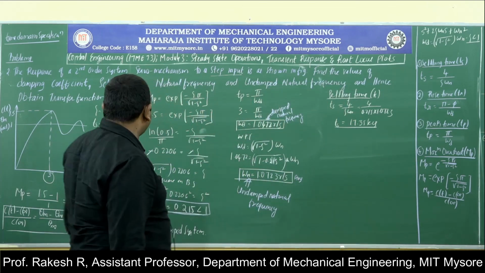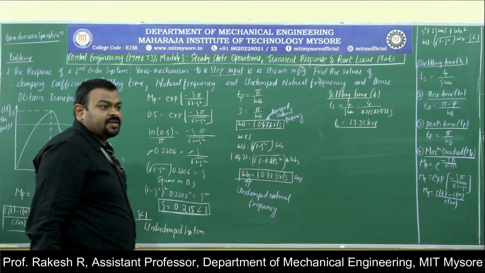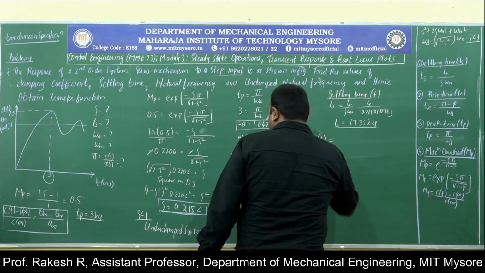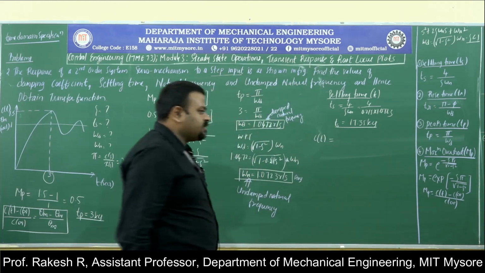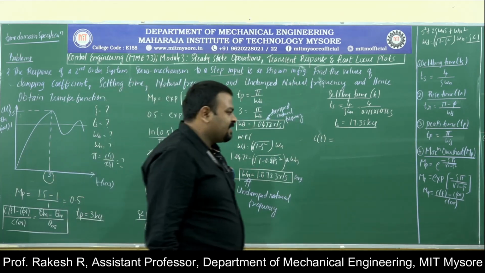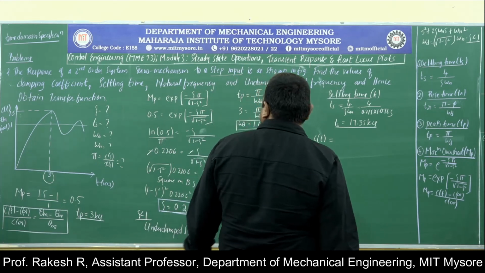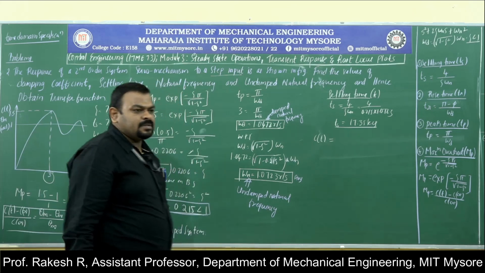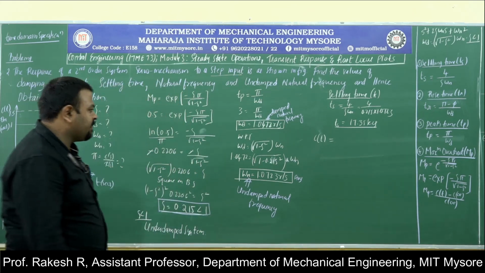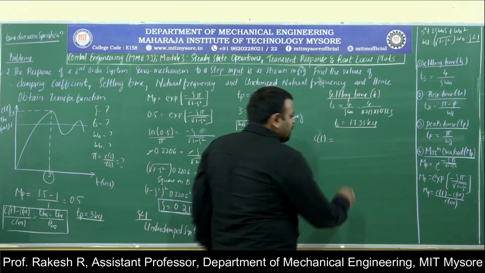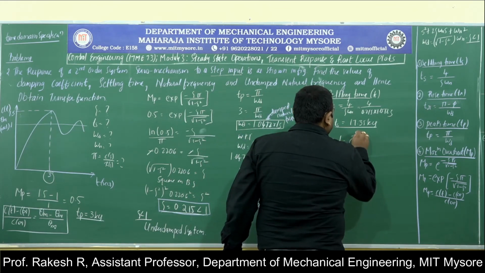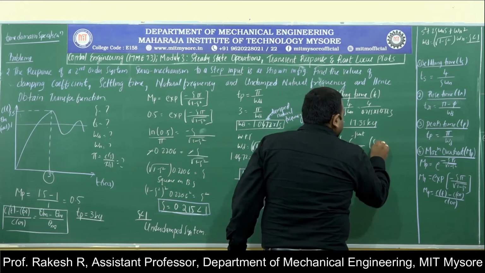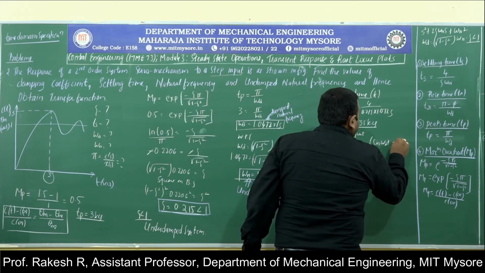After this, I need to find out what is the transfer function. The transfer function is nothing but C of s by R of s. How to calculate it? They have not given any G of s or H of s. We know the response of a second order system with unit step input will be C of t equals 1 minus e to the power of minus zeta omega n t divided by square root of 1 minus zeta square into sine of omega d t plus phi.